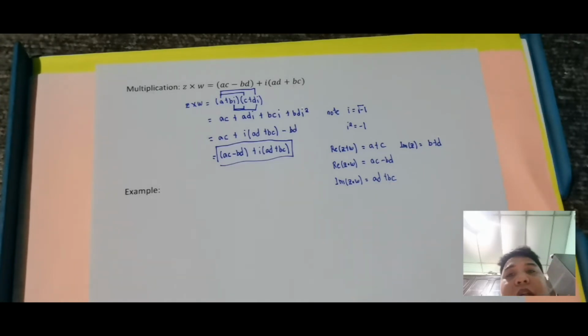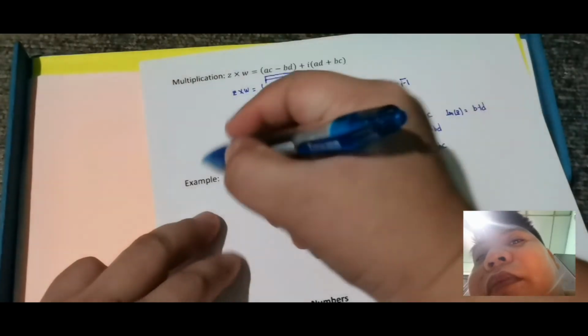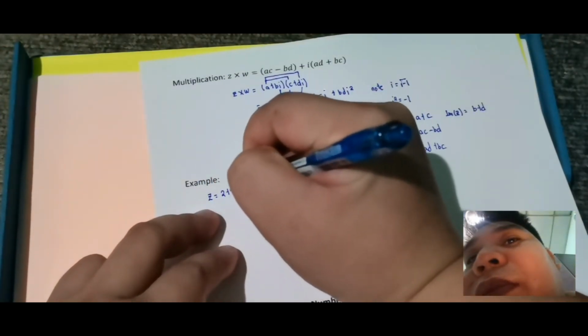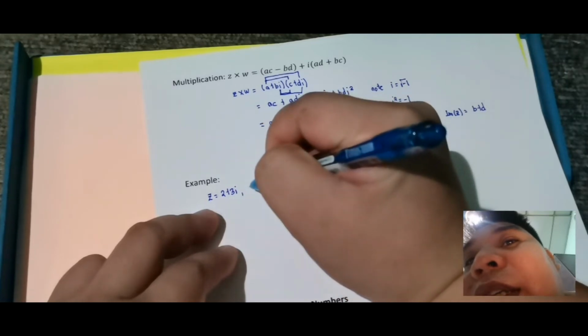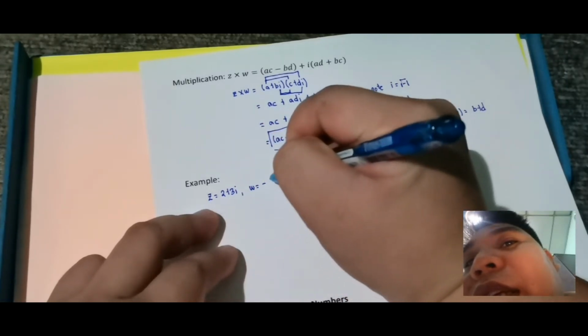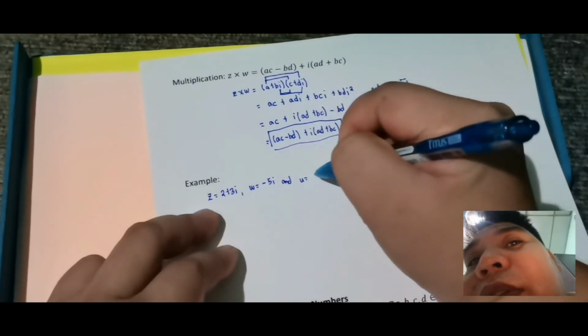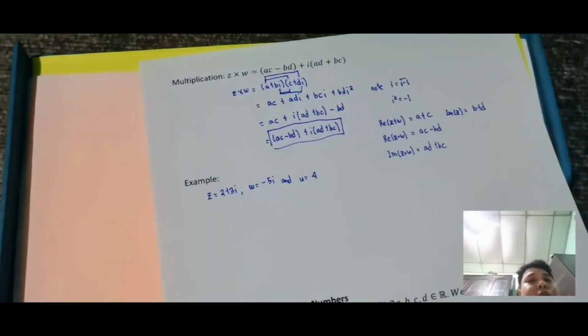Okay, so for example, Z is equal to 2 plus 3i, W is equal to negative 5i and U is equal to 4. So, pansinin nyo yung tatlong binigay ko. Yung unang binigay ko is merong real part, may imaginary part.